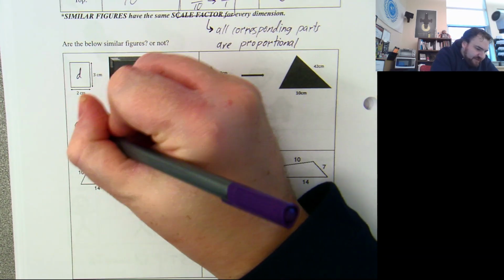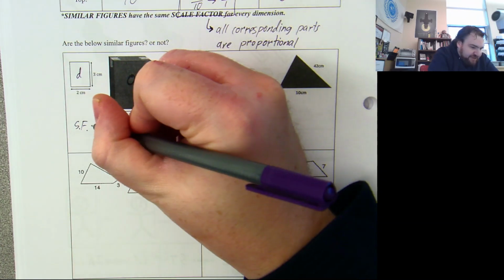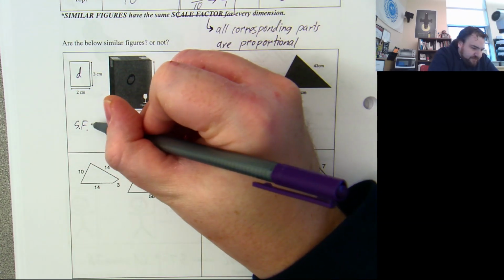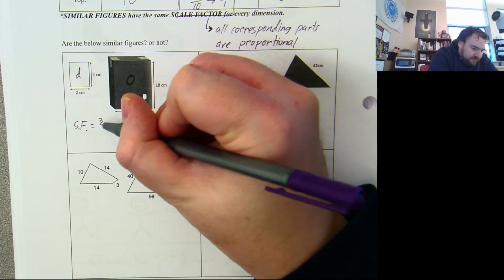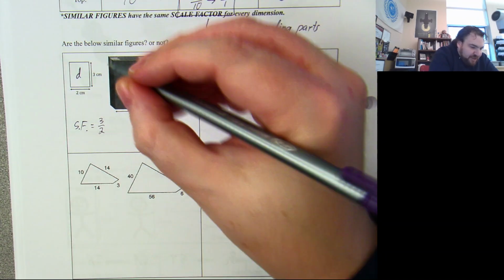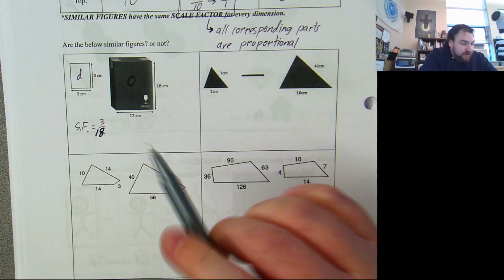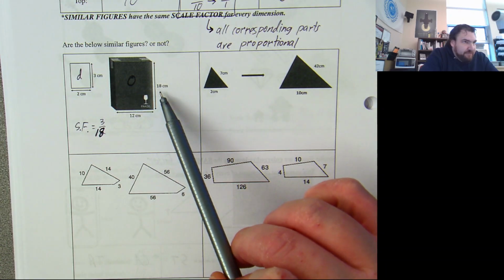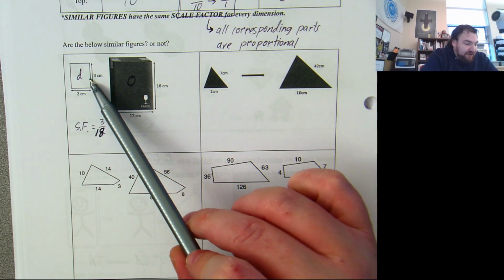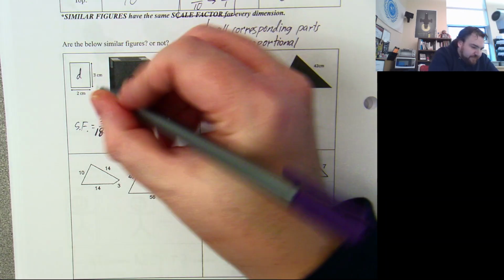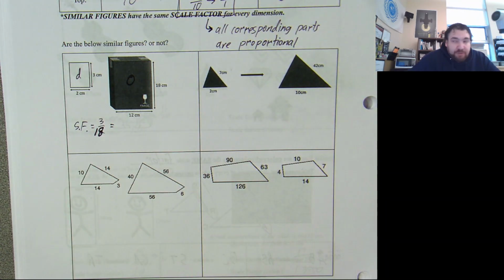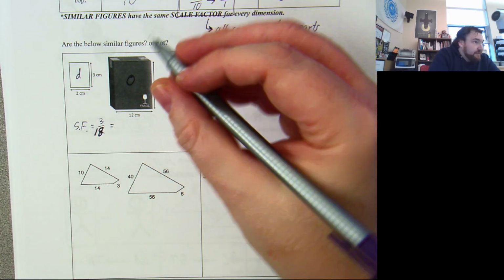So the scale factor here is going to be 3 over 18. Compare the one on the right with the one on the right. And it's always diagram over original. So then 3 over 18 is going to reduce to what? Yeah, 1 over 6.